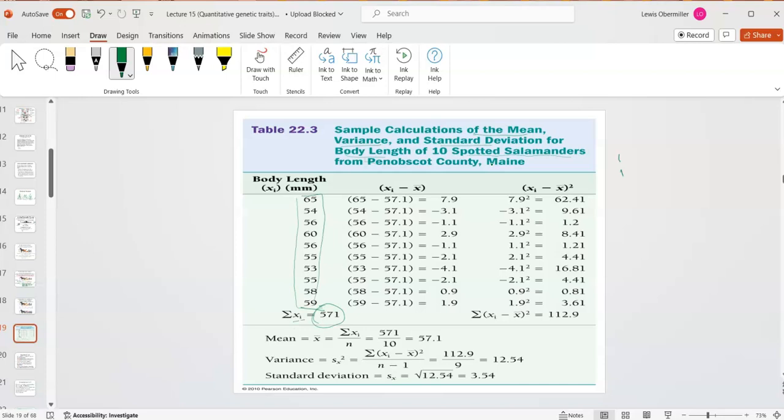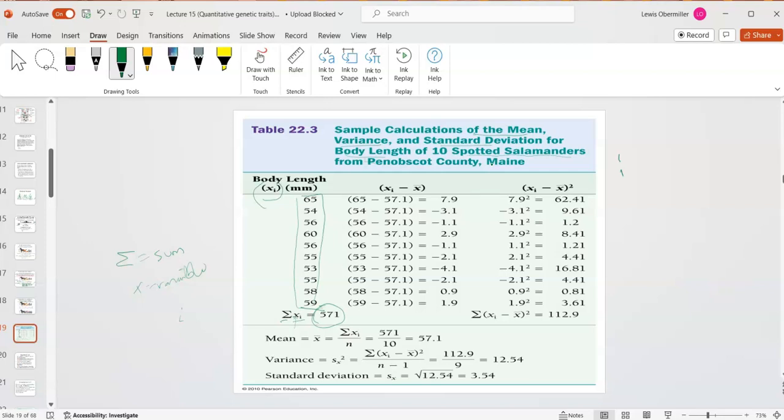I know there's a lot of crazy math formula things in here, but this is just saying sum, right? The addition of all of this column. And then x is just a variable, and this i is just designating the original body length, right?